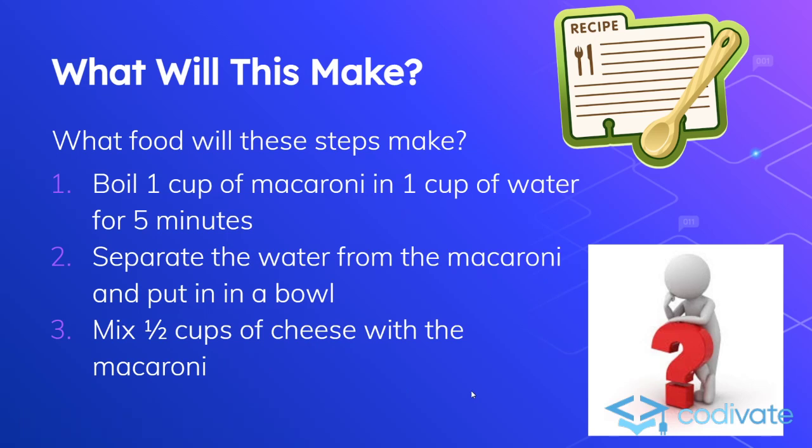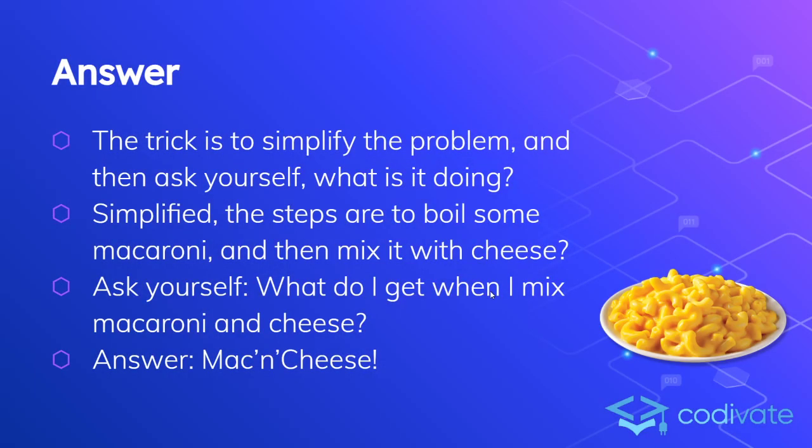Clearly, since we're boiling things and mixing things and separating things, this is a recipe of some kind. And I gave you a little hint here with the picture. Not only is it a recipe of some kind, but we can also deduce what kind of recipe it is. We can tell that it's something to do with macaroni and cheese. And the only thing that we know of that has macaroni and cheese is mac and cheese. So that's how you do it.